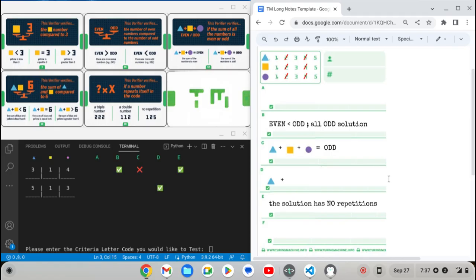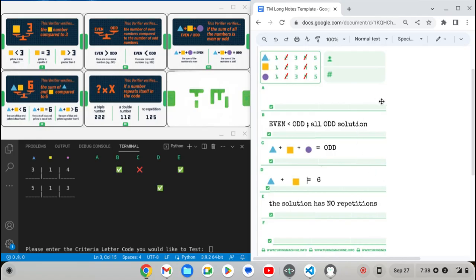And because they are all unique, obviously triangle and square can't be 3. So let me just fix this really quick. There we go. And so we know it's 1 and 5 in some order.